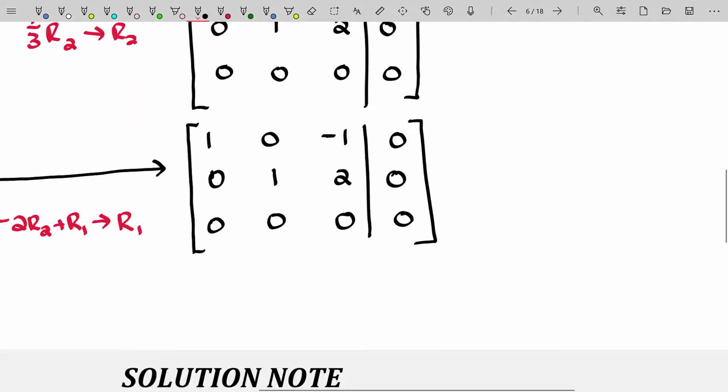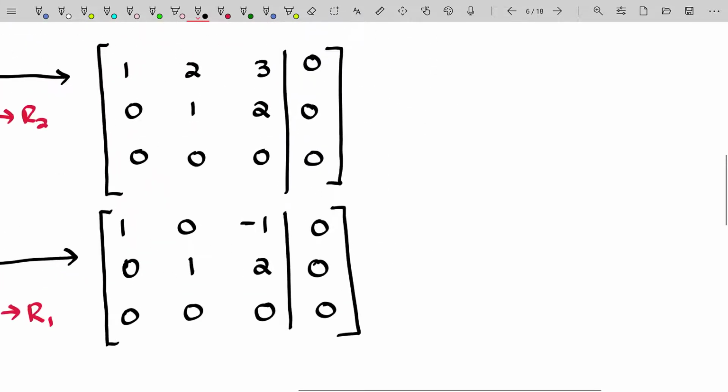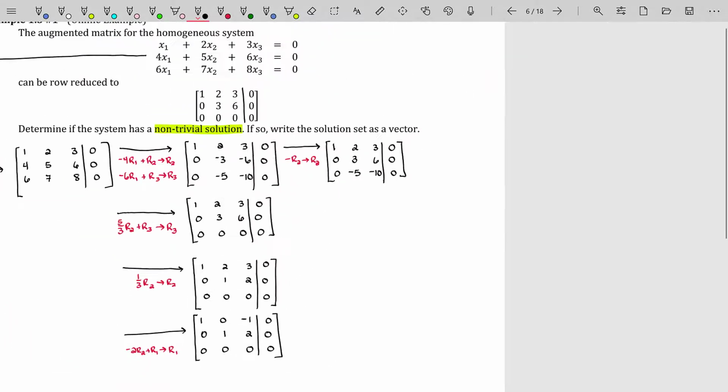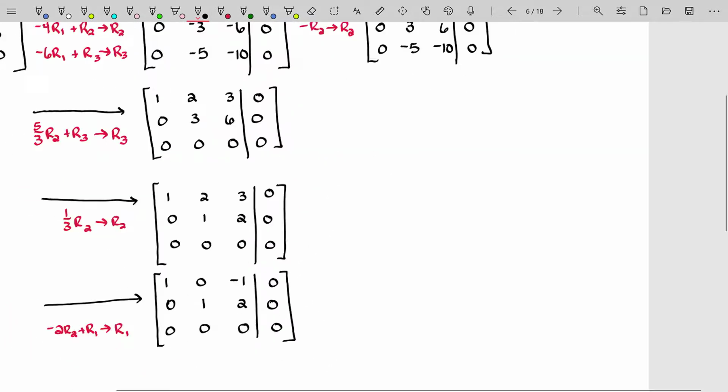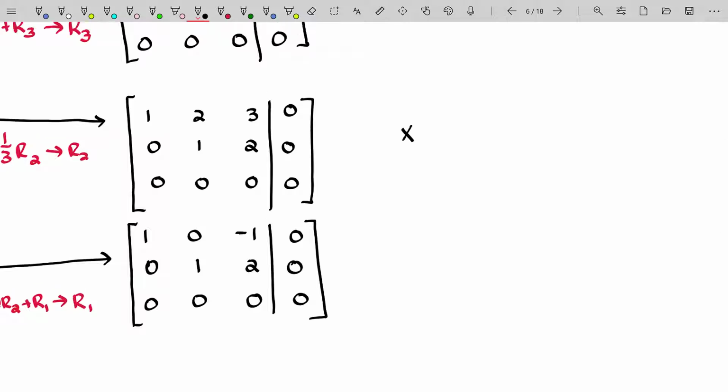And then you can go ahead and use equations from this point forward. Let me make sure the variables are correct. Yes, x1, x2, x3. I just didn't want to use x, y, z here. So we know that x3 is a free variable because the third column here is a non-pivot column.